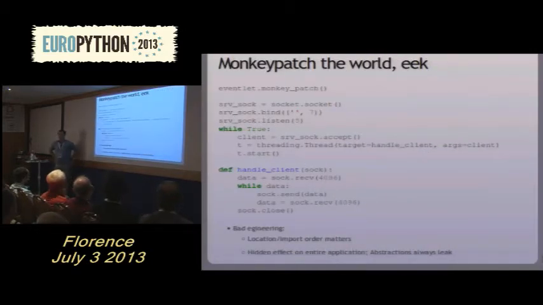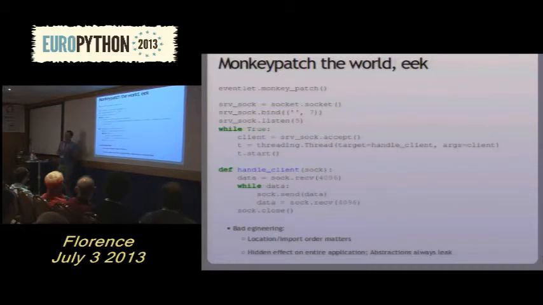The common way of doing things, what's always said, is using this monkey patch thing. I don't think that's a very good way of using your greenlets, because you're depending on a lot of things there.